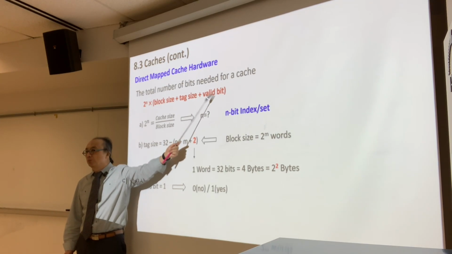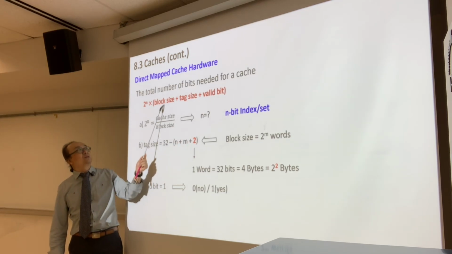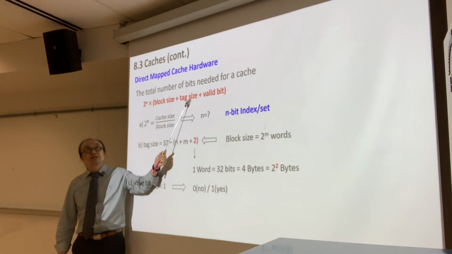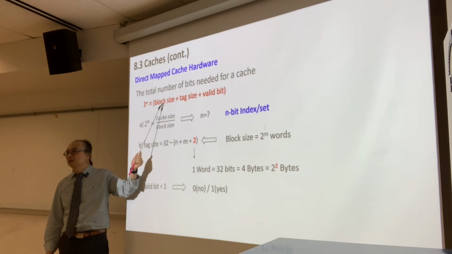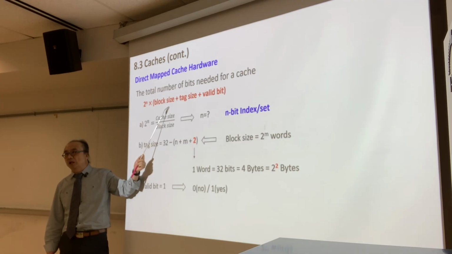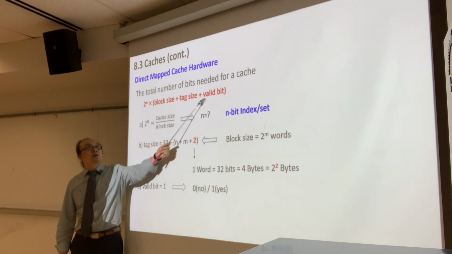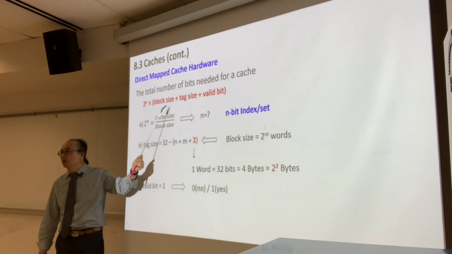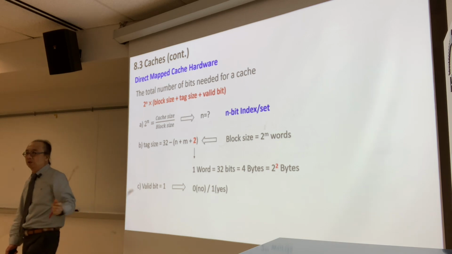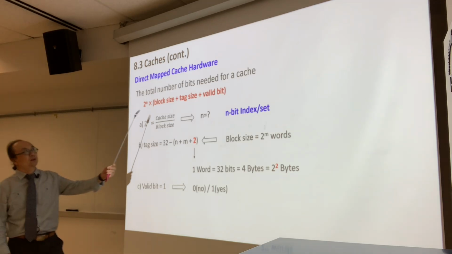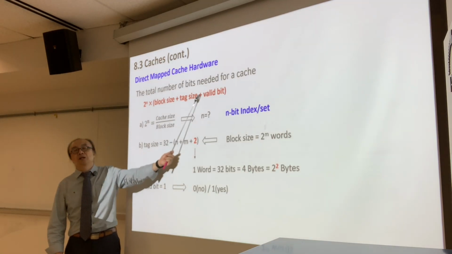The unit is bit. So for all of this, make sure you change the units, and especially the block size, you have to change into bits. Otherwise, you cannot add bits with bytes or bits with words. In the problem statement, you're going to get how many bytes, how many words, all mixed in units. So you have to change everything into bits and plug it in here.